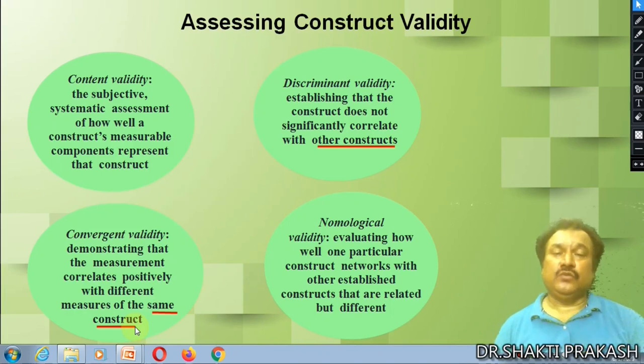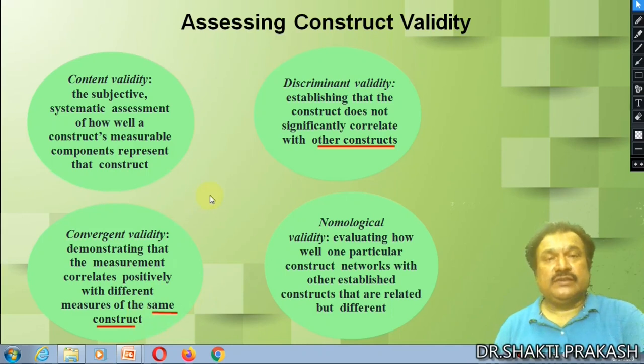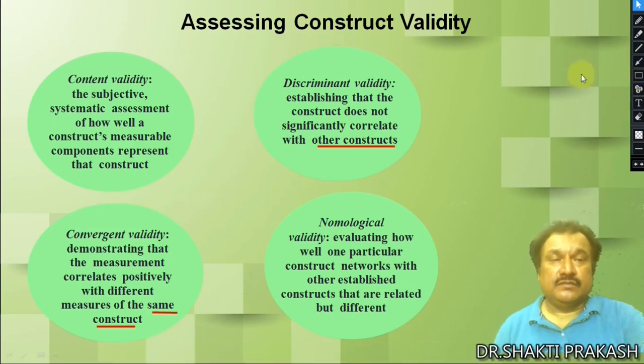This is the nomological type of validity, evaluating how well one particular construct networks with other established networks that are related. The same type of construct we assess with different studies or different scales, then the result should be the same. This is the nomological type of construct validity.